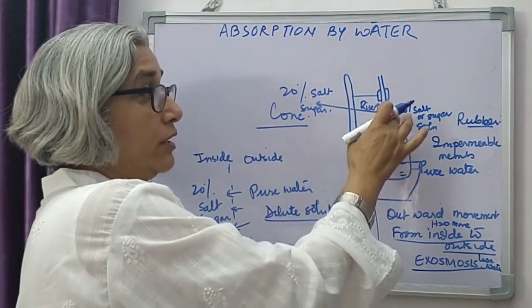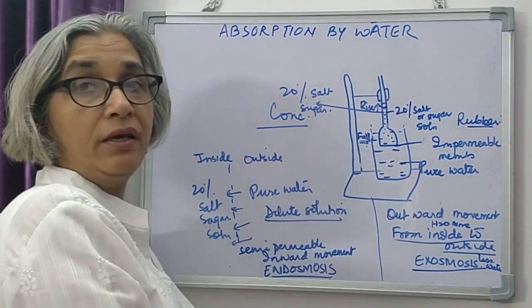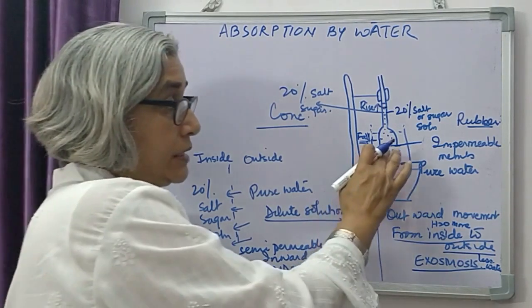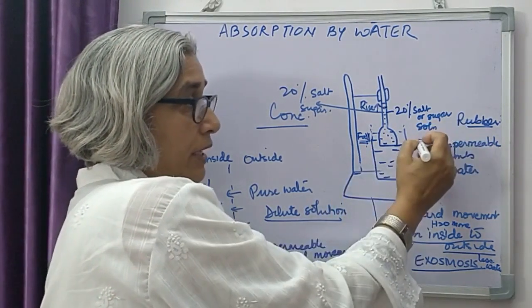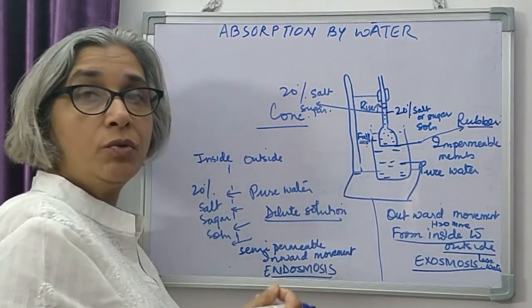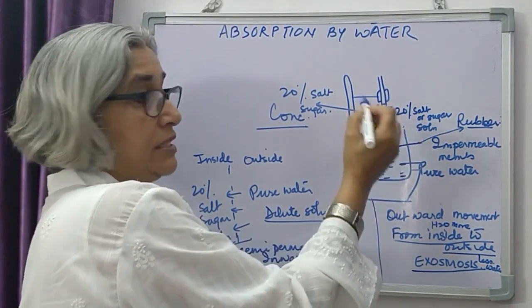The Thistle funnel has 20% salt solution, and the outside beaker has pure water or pure solvent. If there is a rubber membrane here, there will be no movement of water from outside to inside. So, the level in the Thistle funnel will remain the same.